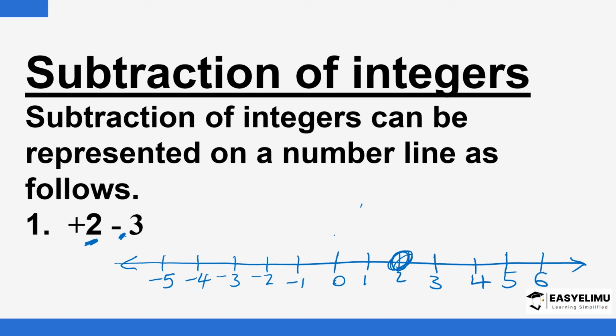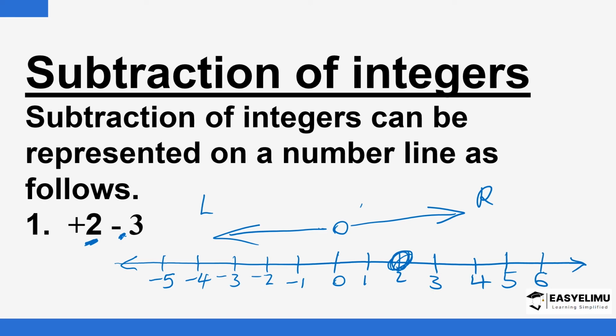If you look at the number line, we have 0 in the middle. On the left hand side of the number line we have negative numbers, and on the right hand side we have positive numbers.